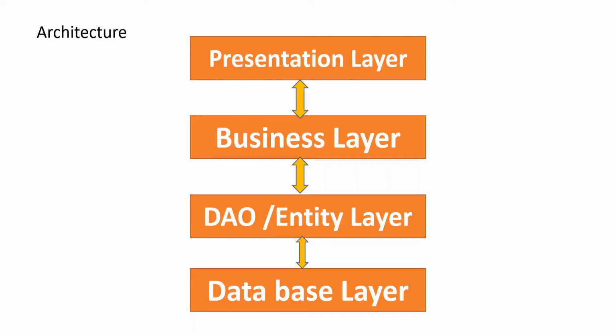Business logic performs some validation, maybe first level validation, and it authorizes the user. It may go to the database via the DAO layer and validate. So in the business layer you can write the business logic, you can validate, you can authenticate, all of these things can be done in the business layer.